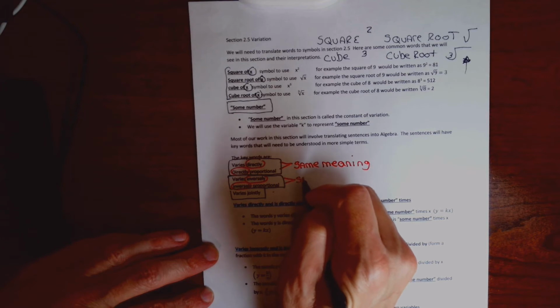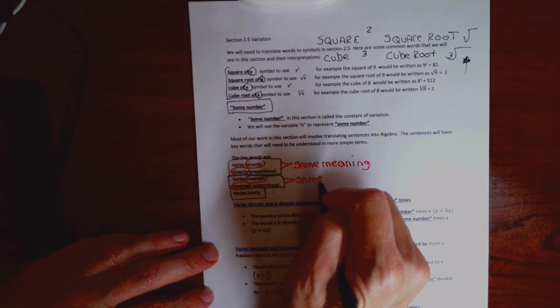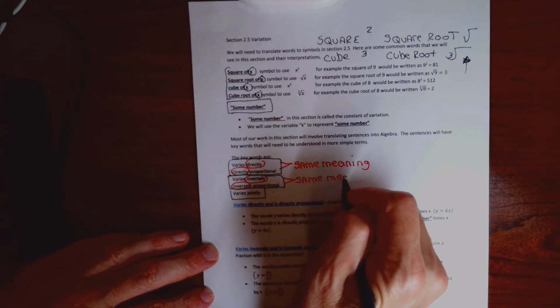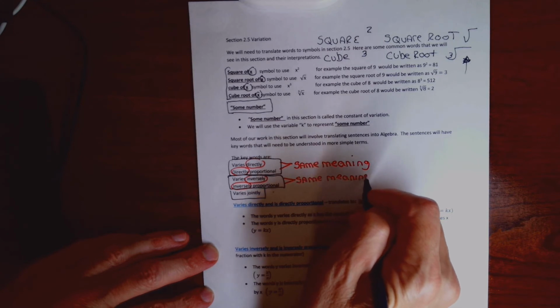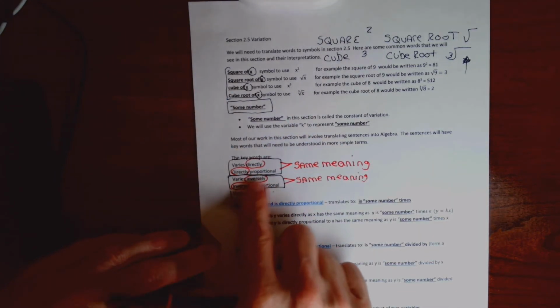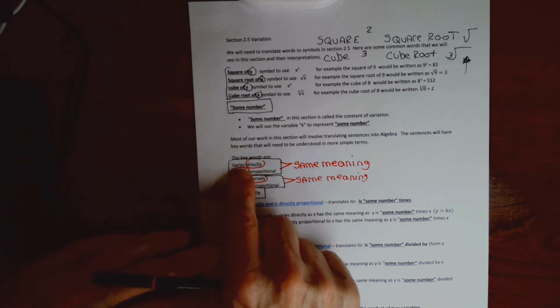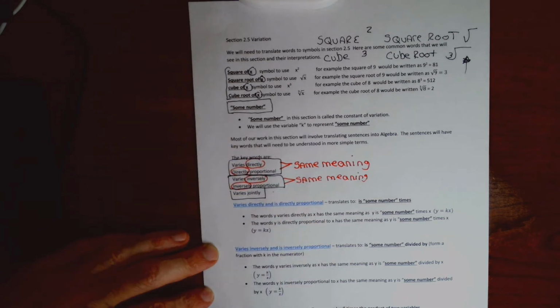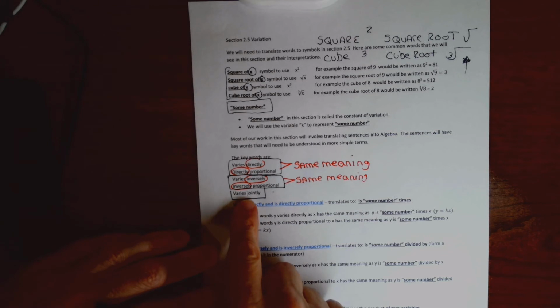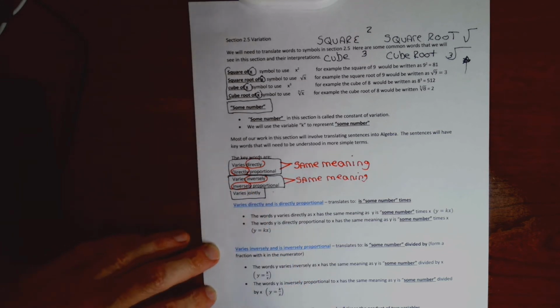So if I see the word inversely, regardless of how it's presented in the problem, I'm going to attack all problems that have the word inversely in them the same way. Similarly, any problem that has directly in it, I'm going to treat the same way. And for varies jointly, which is kind of the third box I made, there isn't a twofer there.